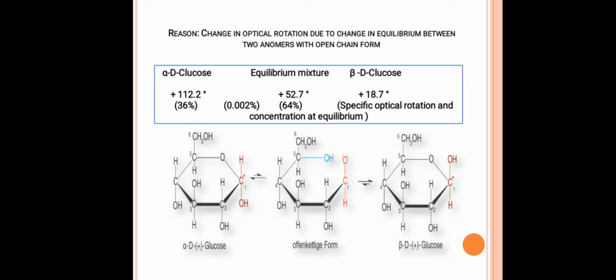Initially, when we place alpha D glucopyranose, it gradually converts into the beta form through the open chain form, and similarly when we take the beta form in water, it gradually converts into the alpha form through the aldehyde form and reaches an equilibrium mixture. That equilibrium mixture will maintain constant activity after a period of time.